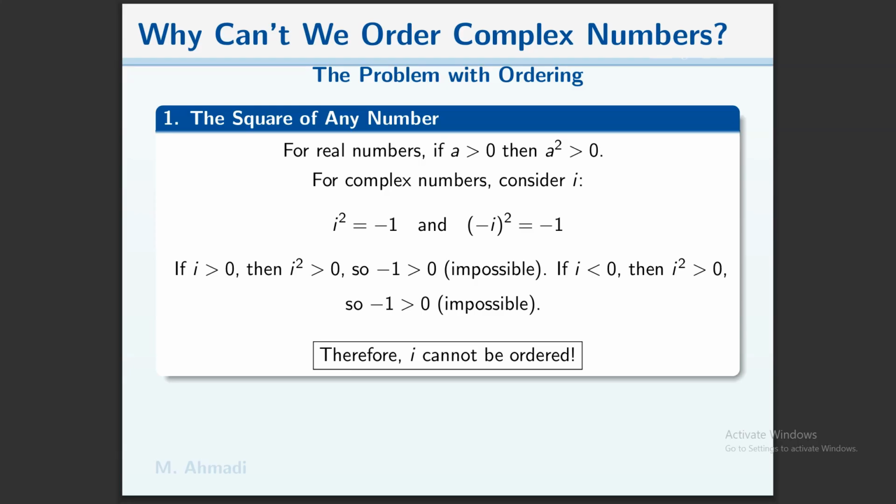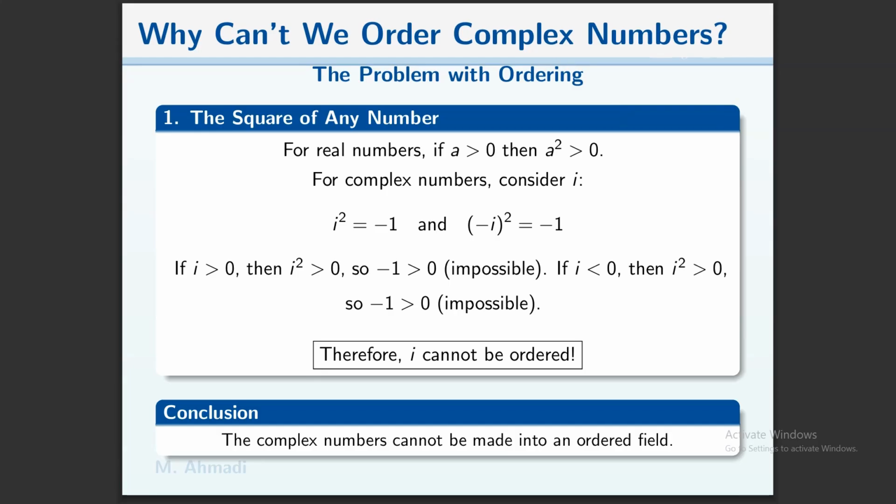If i is greater than 0, then i squared must be greater than 0. So minus 1 is greater than 0, and this is impossible. If i is less than 0, then i squared must also be greater than 0. So minus 1 must be greater than 0, and this is impossible. Therefore, i cannot be ordered.